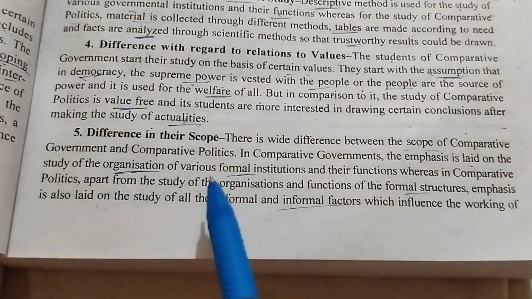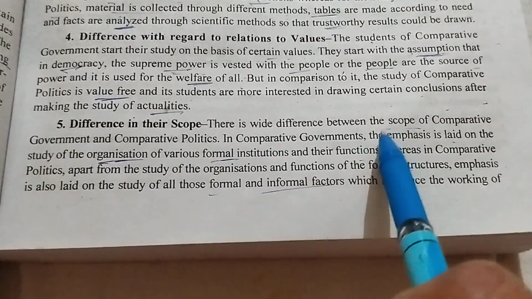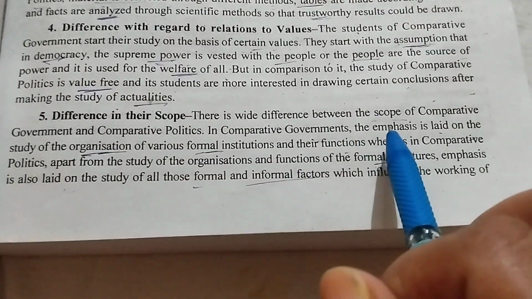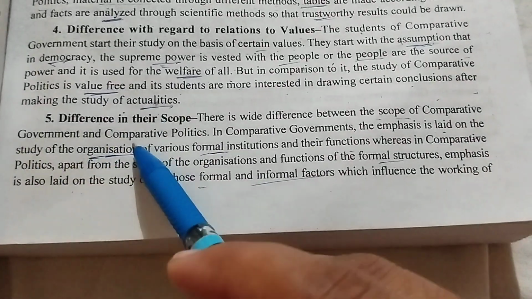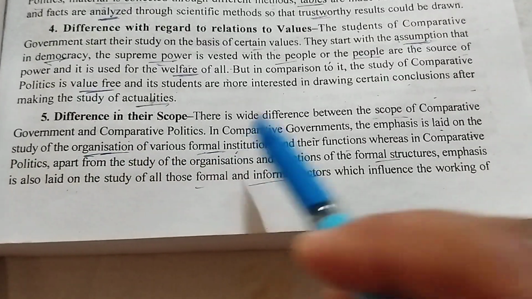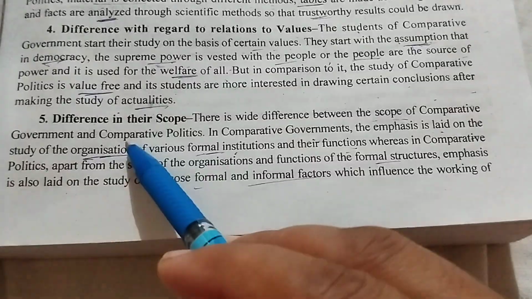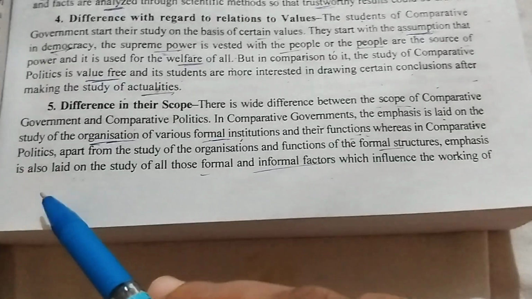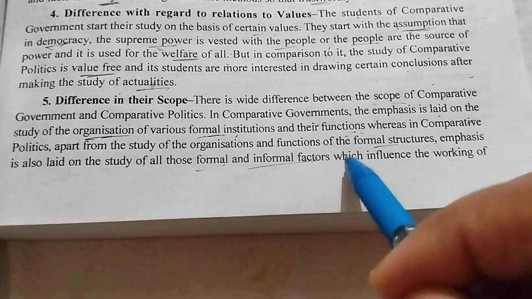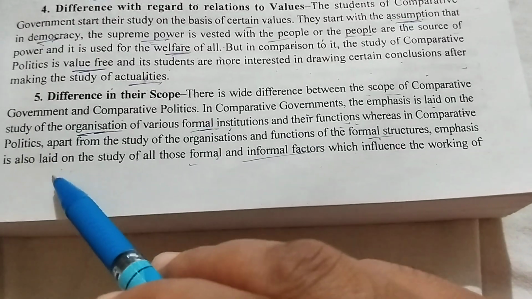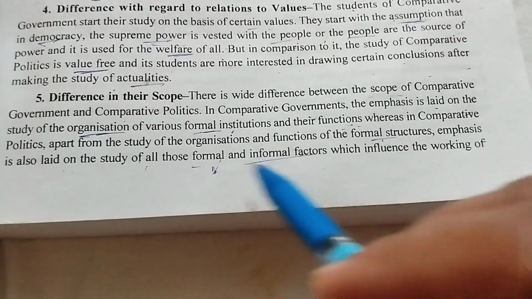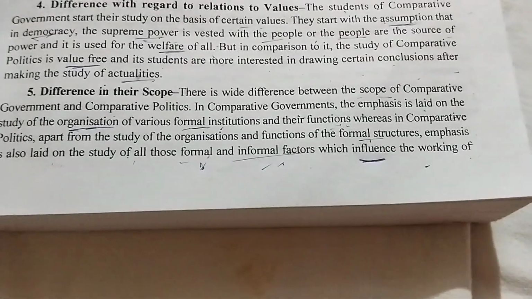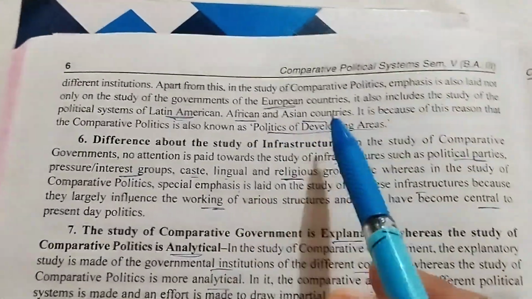Next difference is in their scope. There is a wide difference between the scope of comparative government and comparative politics. In comparative government, the emphasis is laid on the study of the organization of the various formal institutions and their functions. In comparative politics, apart from the organization and function of the formal structure, emphasis is also laid on all those formal and informal factors which influence the working of different institutions.